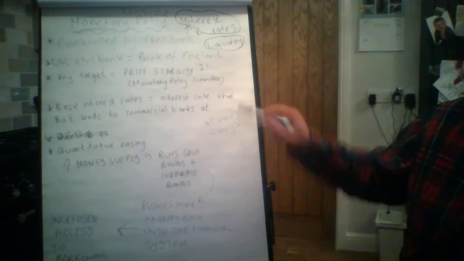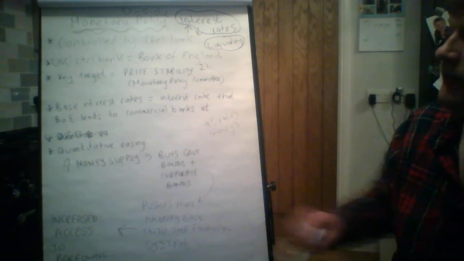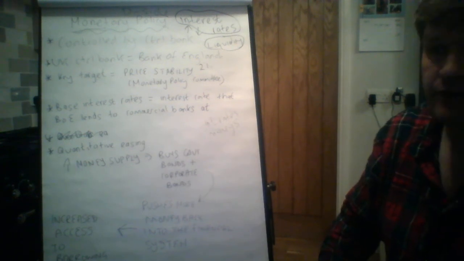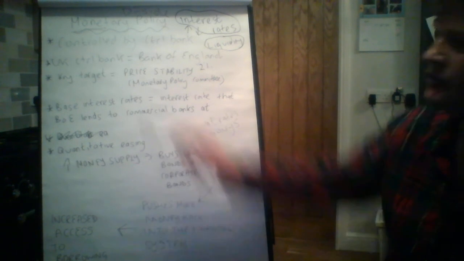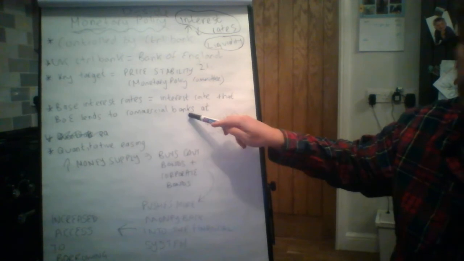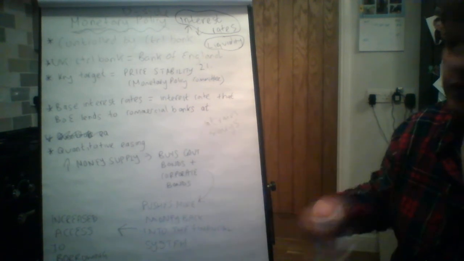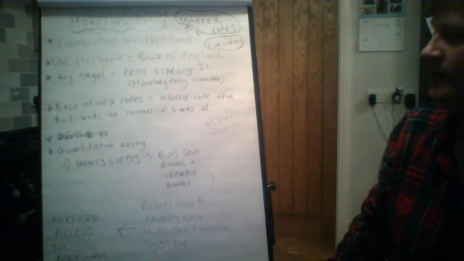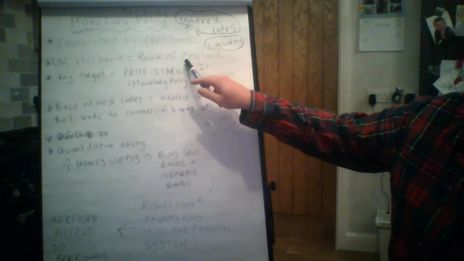Right, now the key interest rate that the Bank of England control is something that we call the base interest rate. Now the base interest rate, there's a few different ways of thinking about this. This is often regarded as the interest rate that the Bank of England would lend to commercial banks for. So commercial banks are your high street banks, your Lloyds, your TSBs, those types of things, HSBCs. So remember, the Bank of England is the lender of last resort.